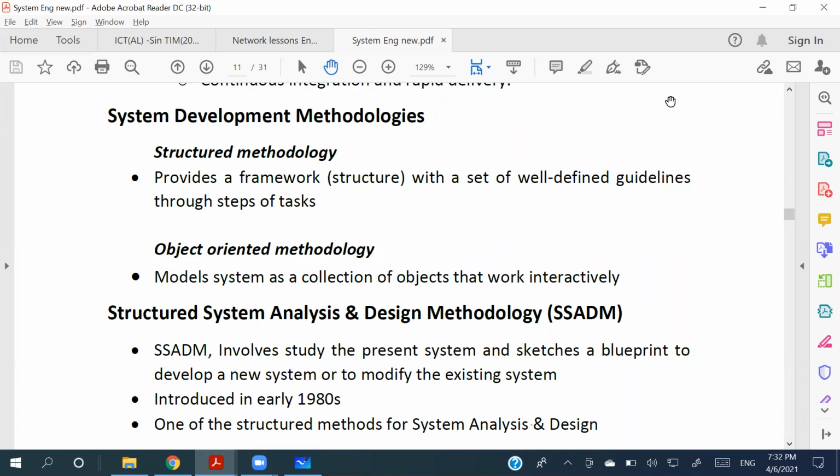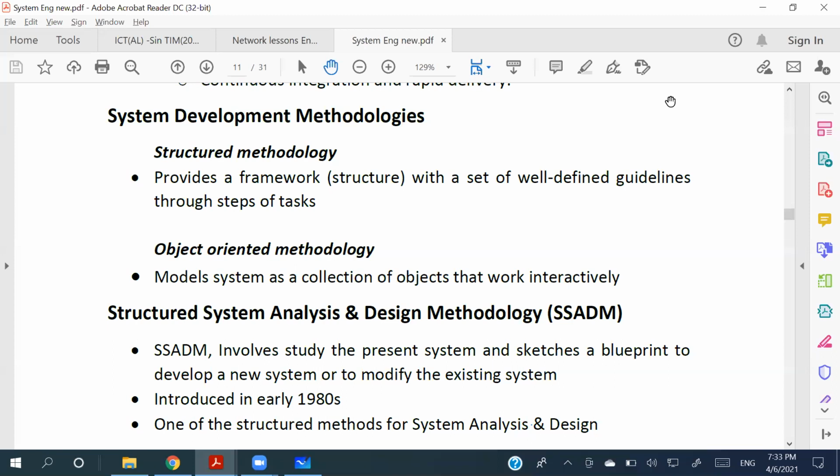Right? So when it comes to the system development life cycle, there are several methodologies used to develop a system. One is the structured method, which means there is a specific framework and the steps are given. This is the way that you are going to create the system. And there is another methodology which is called object oriented.